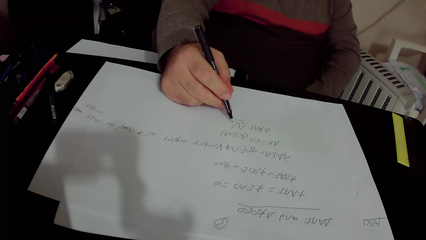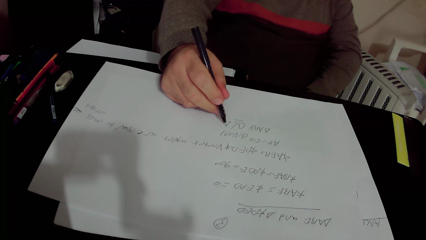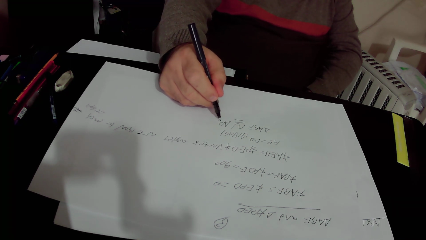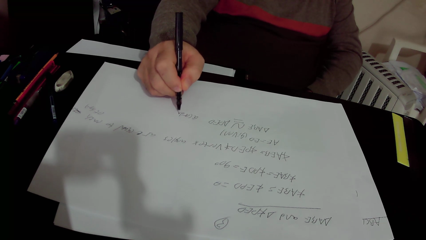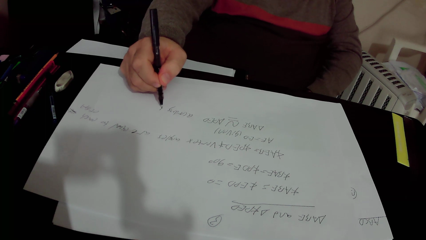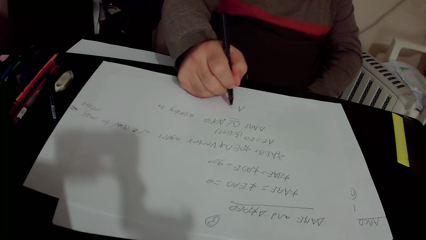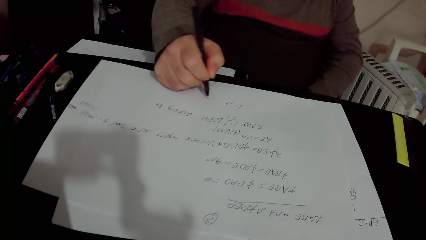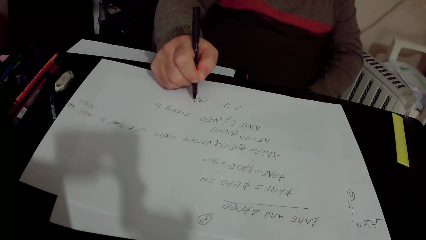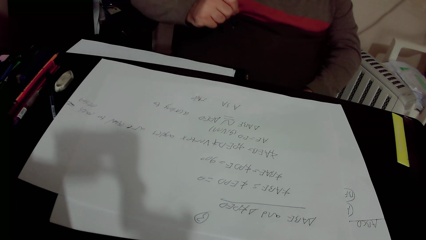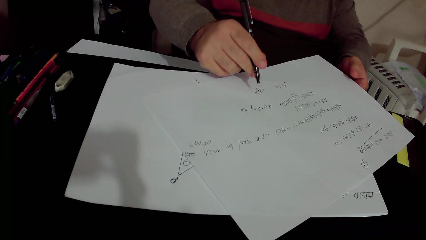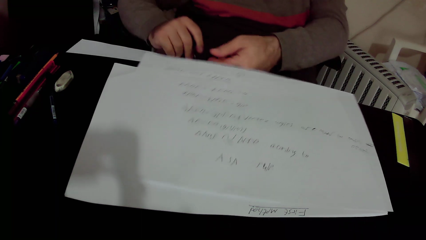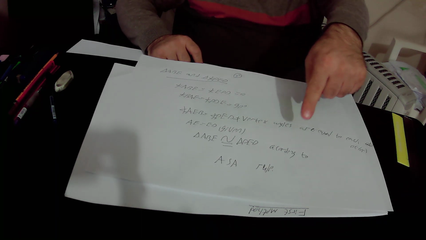This is the sign of congruent for triangle PED according to angle side angle rule. So what is the angle side angle rule? First of all, I repeat again, triangle ABE is congruent to triangle PED according to the angle side angle rule.